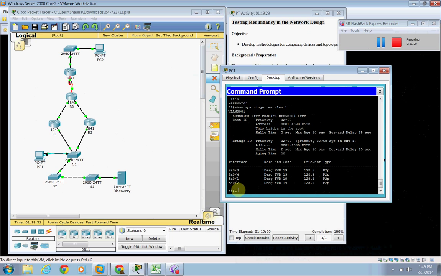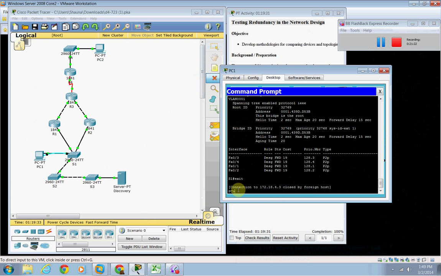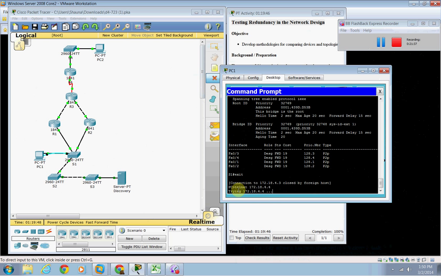Okay, we're going to exit out of this, and we're going to telnet into switch number 2, which is 172.18.4.4.